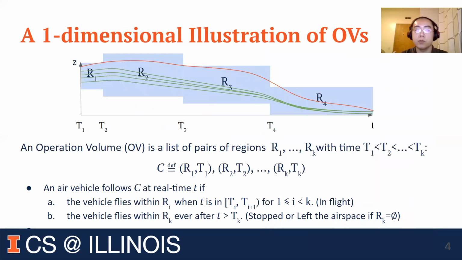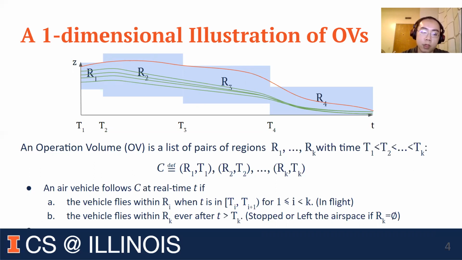So in order to formally verify the UTM systems, we first need to formalize the notion of operation volumes. Here we illustrate the mathematical definition of operation volumes using one dimension for regions and one dimension for time. We can, for example, consider the altitude range as the region of an air vehicle. The formal definition of an operation volume is a list of pairs consisting of a region Ri paired with a time point Ti.